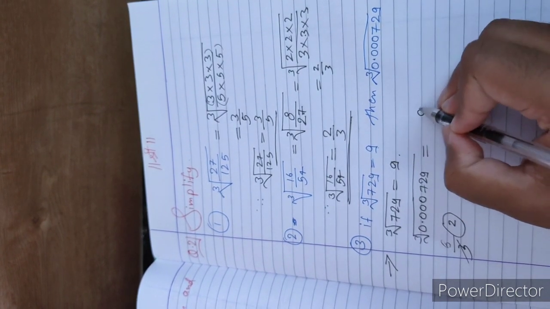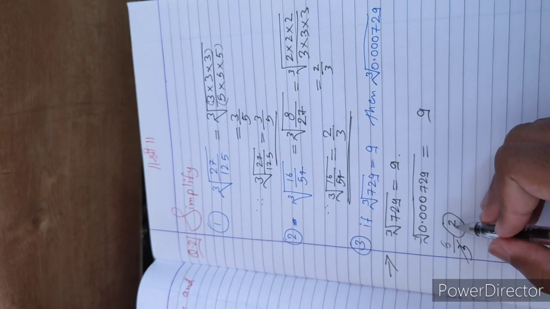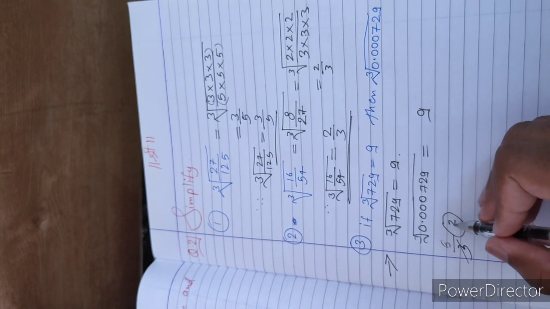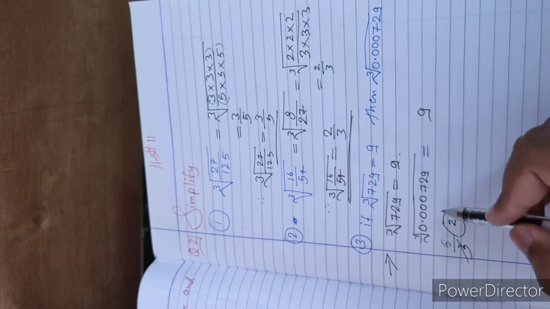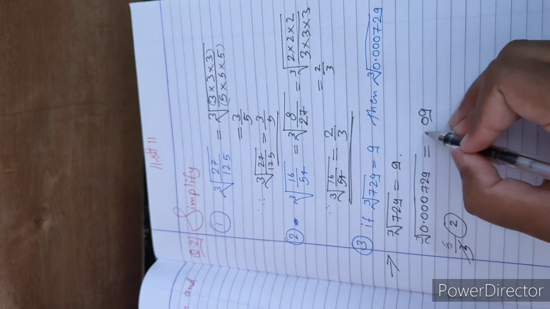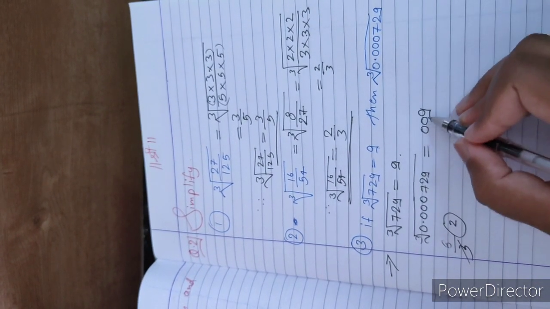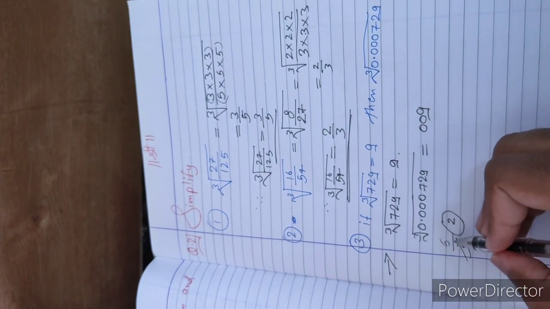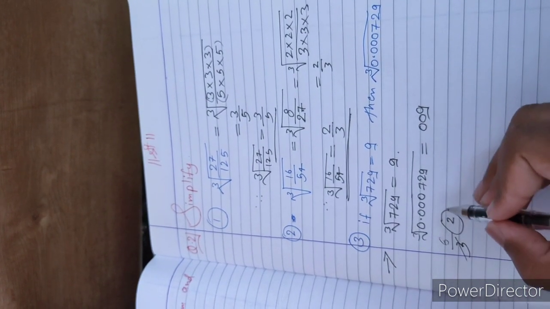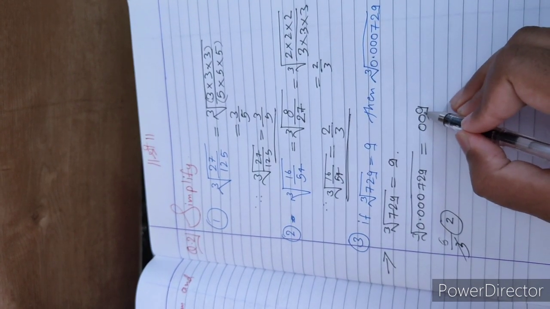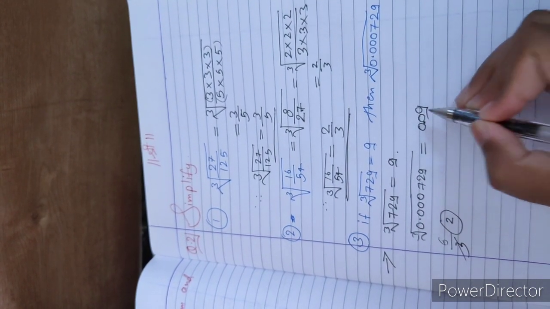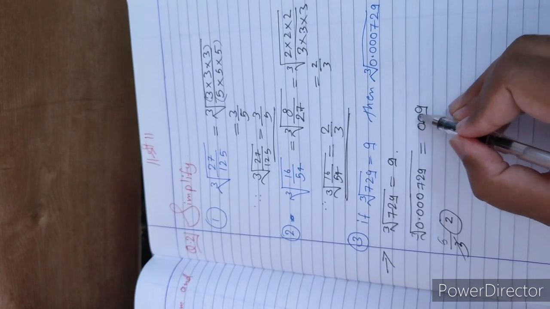So we will write 9, but we have to place the decimal 2 places to the left of that digit. So we will count 1 and 2. So we will put 0.09.